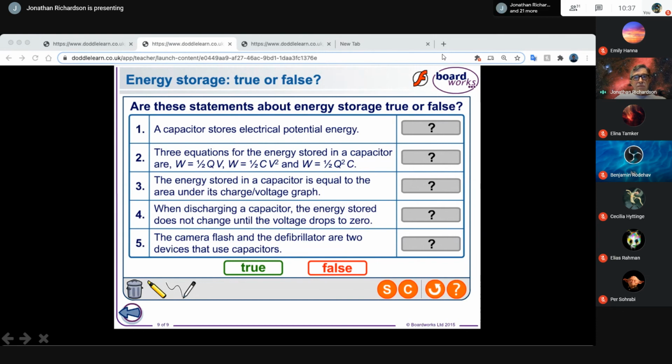So 3C physics, and it's the activity in capacitors. So energy storage.